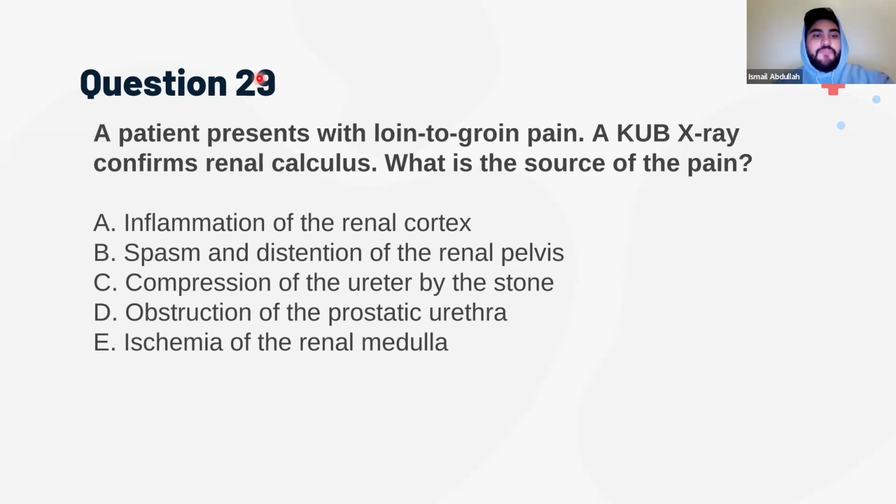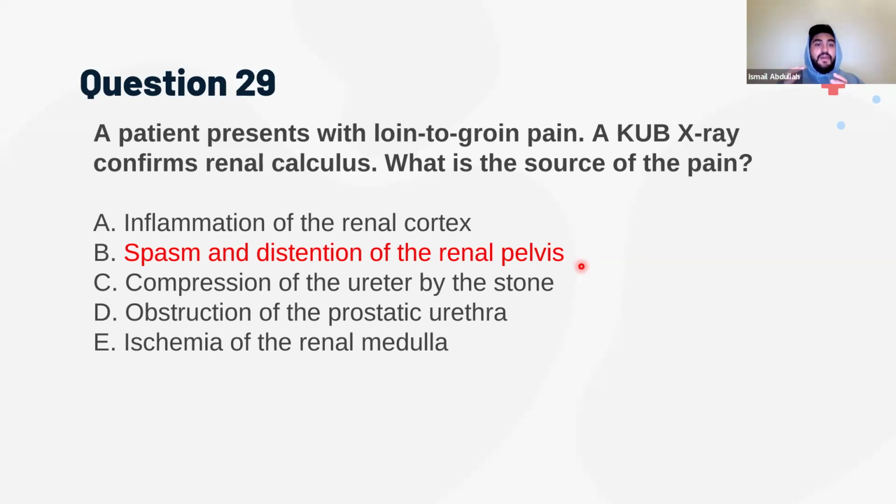Okay, so it's not going to be B, because when you compress the ureter, that's going to cause some sensory disturbance. But mainly the reason for pain to be felt, especially when it's carried through the sympathetic fibers, is when there's spasm and distension of the renal pelvis itself. That will majorly cause the renal colic pain, the loin to groin pain.